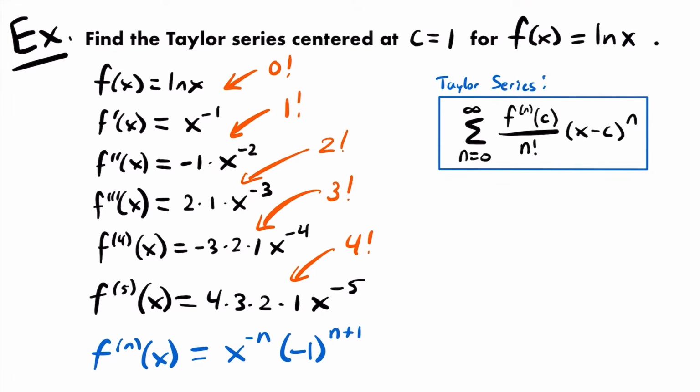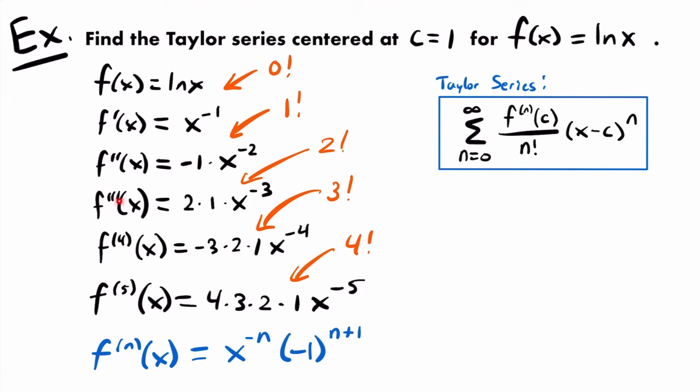So what we find here is that given a certain derivative, the coefficient of the derivative will be some factorial where the number for that factorial is 1 less than the value of n for the derivative. For the fifth derivative, we have 4 factorial. 4 is 1 less than 5. For the fourth derivative, we have 3 factorial, and 3 is 1 less than 4.